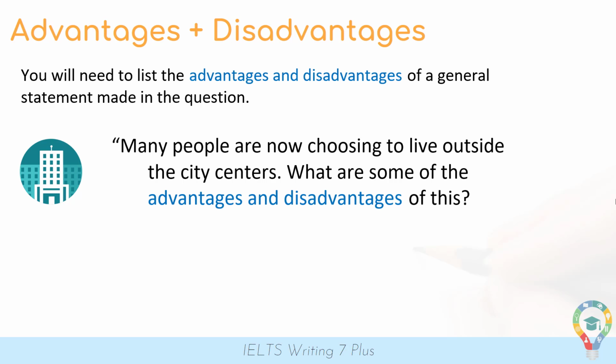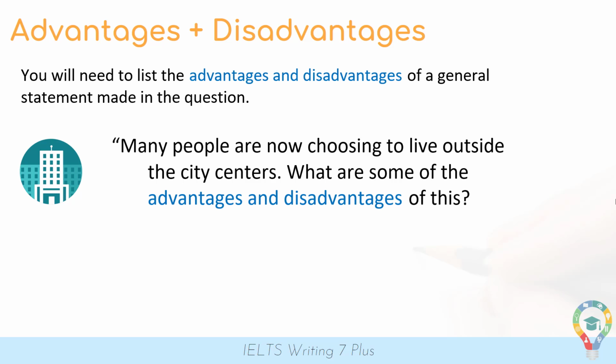So it may be that you discuss the advantages being easy access to hospitals and restaurants, and the disadvantages being expensive rent. That's kind of what you might want to discuss, although there is absolutely no 100% correct answer. You just need to give your opinion on this general statement and question.